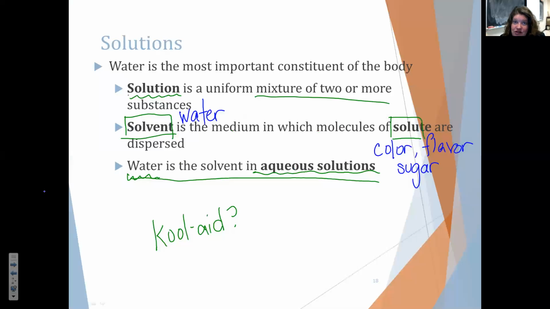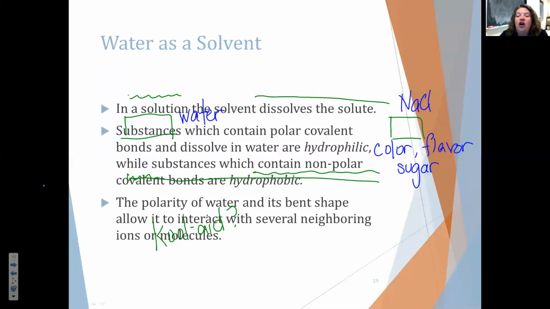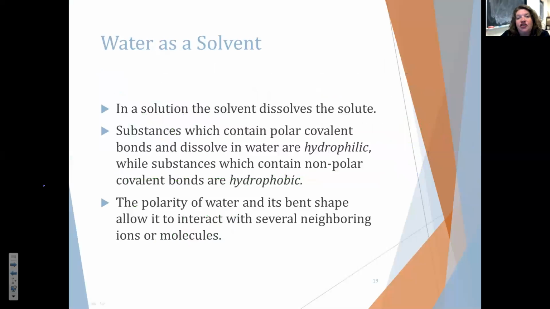Saline solution is an aqueous solution. Sodium chloride is the solute in saline solution. So this gives us some terminology to work with as we talk about these things that are dissolving in water to make these aqueous solutions. So in a solution, the solvent dissolves the solute.